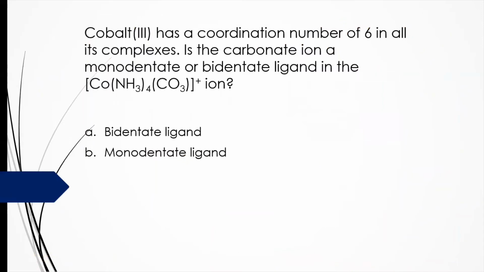Let's say that cobalt 3 has a coordination number of 6 in all of its complexes. Is the carbonate ion a monodentate or a bidentate ligand in Co(NH3)4CO3 plus? So we can think about this and we should be able to figure this part out. We know that ammonia has just 1. It's a monodentate ligand.